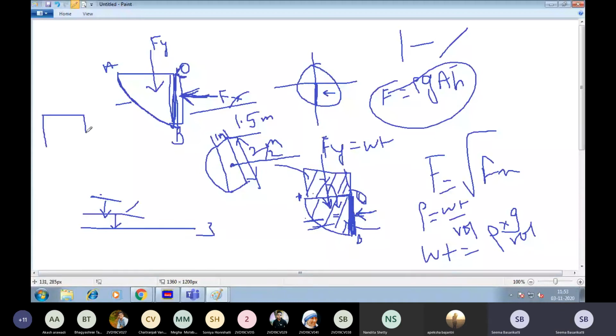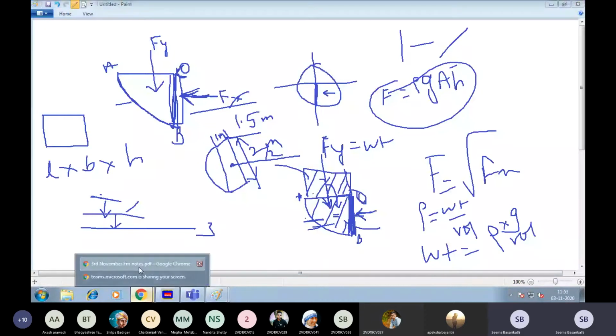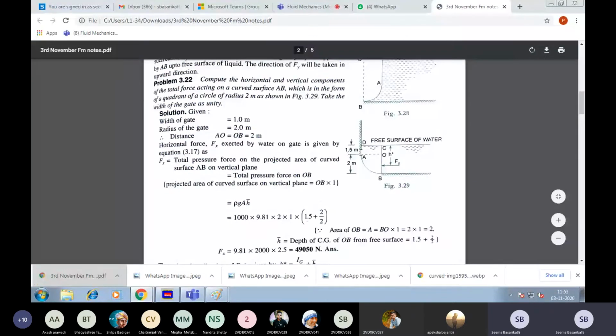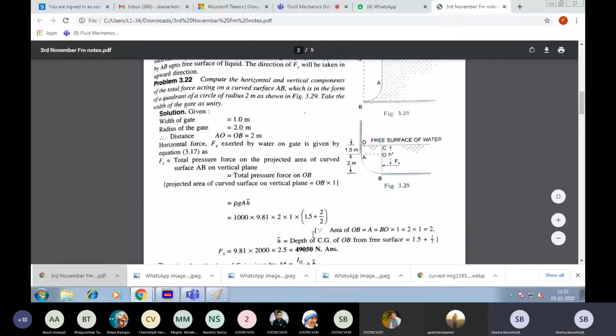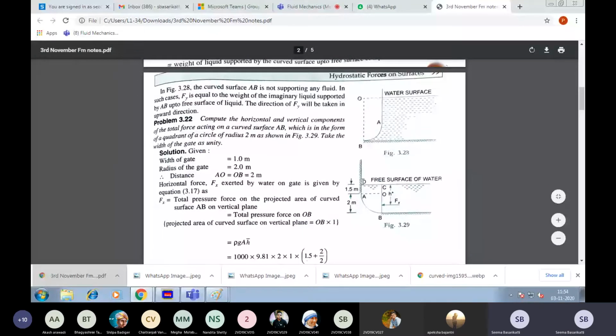What is the volume of a rectangle? Length into breadth into height. In this particular problem, the length is AD, the breadth is AO, and the width is given as unity, that is 1 meter.